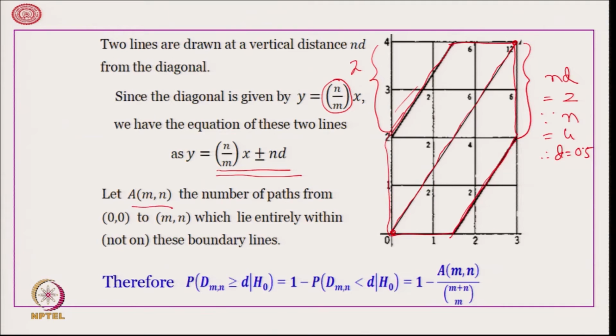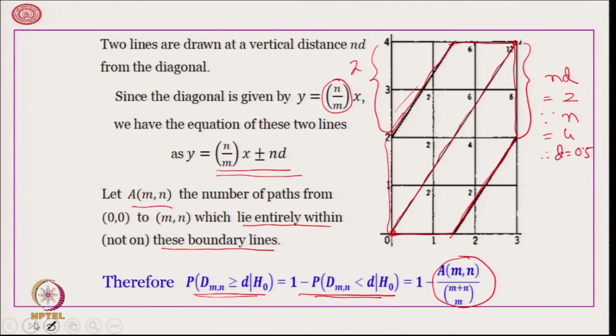Let A_mn be the number of paths from (0, 0) to (m, n) which lie entirely within these boundary lines, but not on these boundary lines, and therefore, probability D_mn ≥ d will be 1 minus probability D_mn < d, and that is going to be 1 minus A_mn divided by (m+n) C m.